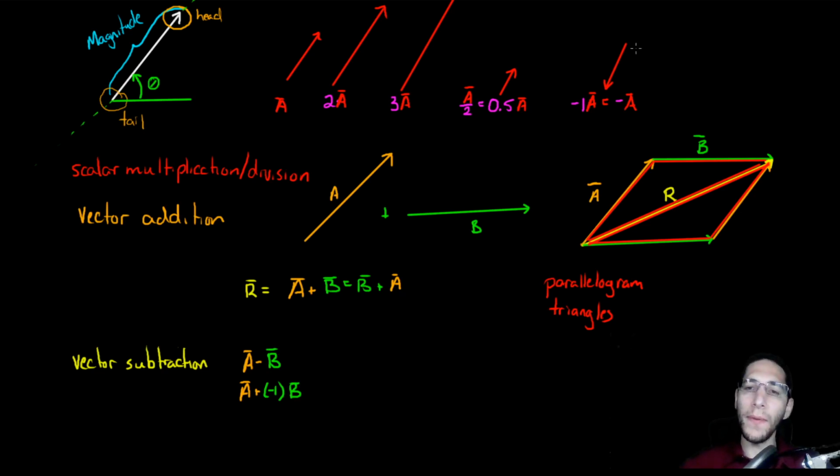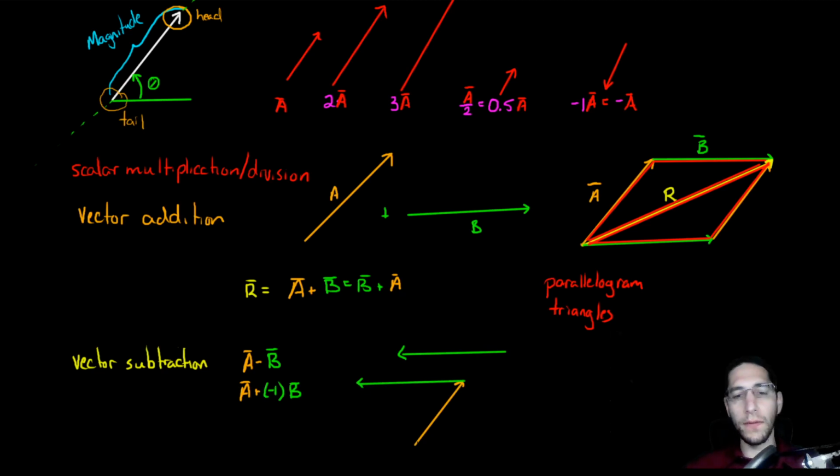We looked at it right up here. We know that that negative sign is going to switch it 180 degrees. So A is going to stay the same, but B is going to switch 180 degrees and point in the other direction. So then when we do A plus a minus B, it's really this plus this opposite B.